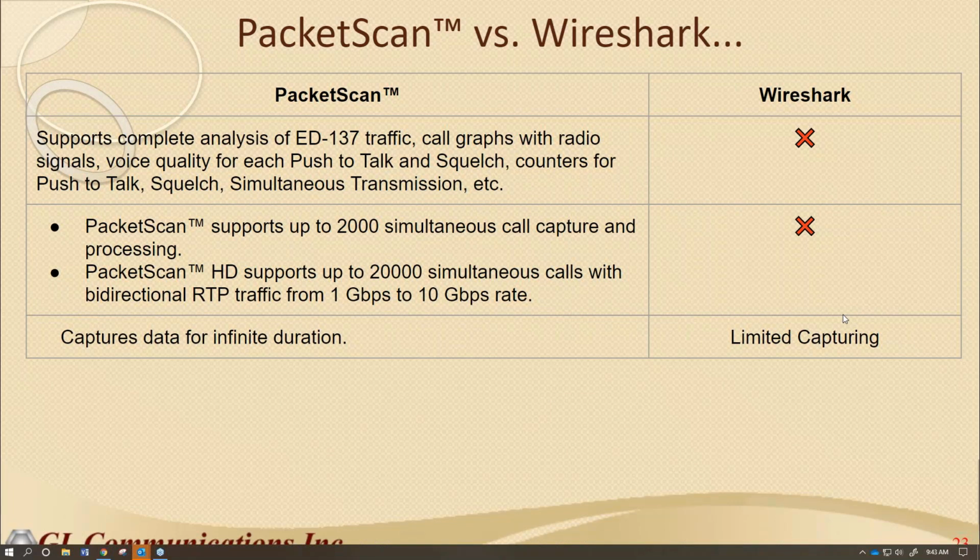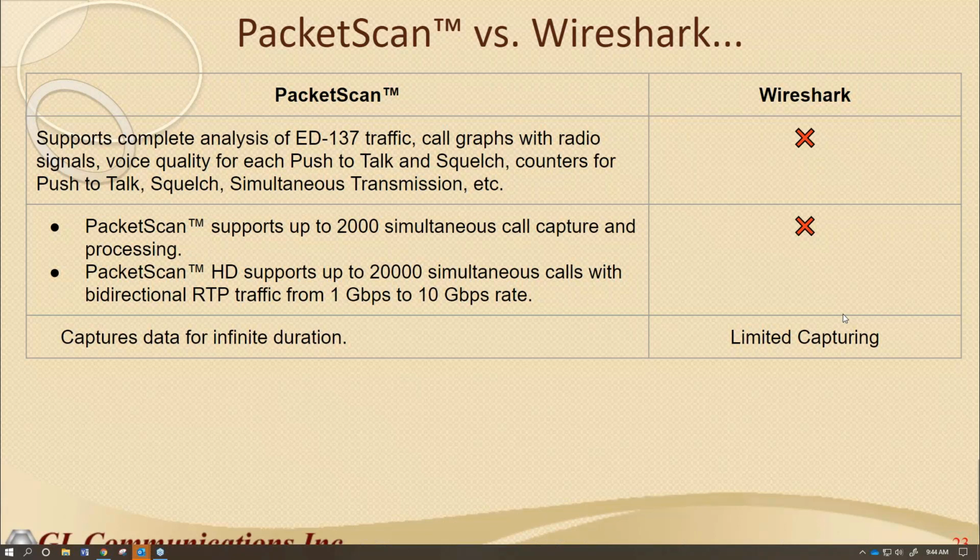The last two bullets here. Because we're giving you hardware, we give you a lot of capacity. We can monitor up to 20,000 simultaneous calls, full duplex bidirectional with PacketScan, and so we can keep up with high density traffic, whereas Wireshark is software only, and you don't have that option.